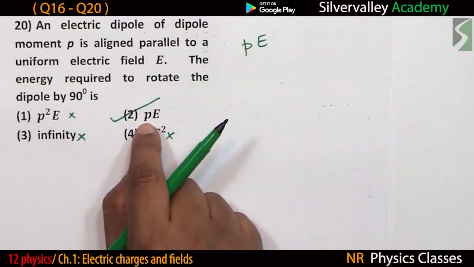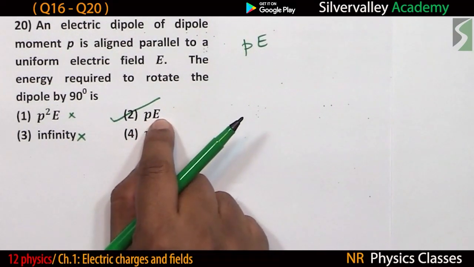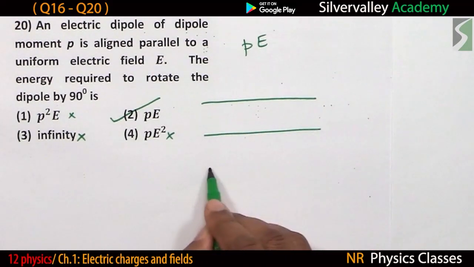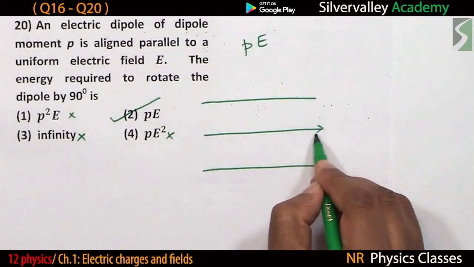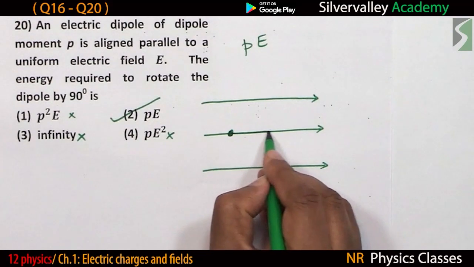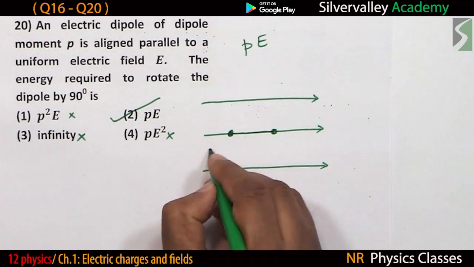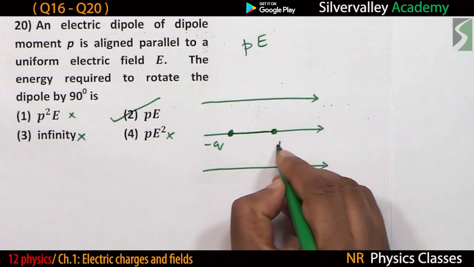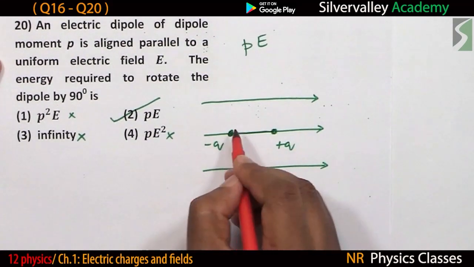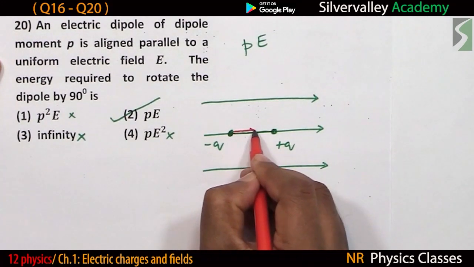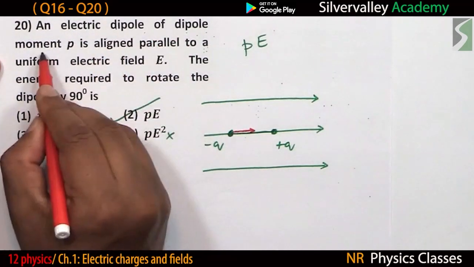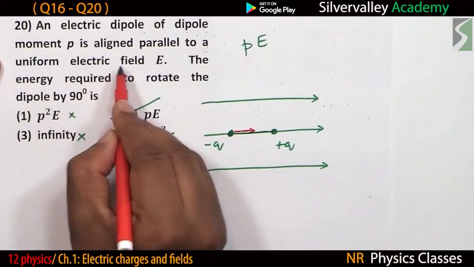Now let us try to get energy equal to P into E. This is an external uniform electric field, and this is the dipole. This is minus Q, plus Q. The direction of the dipole moment is from minus Q to plus Q along the line joining the charges. The dipole is aligned parallel to a uniform electric field.